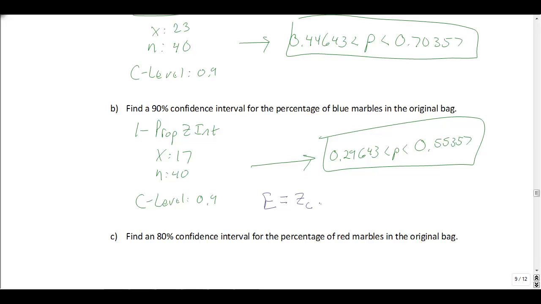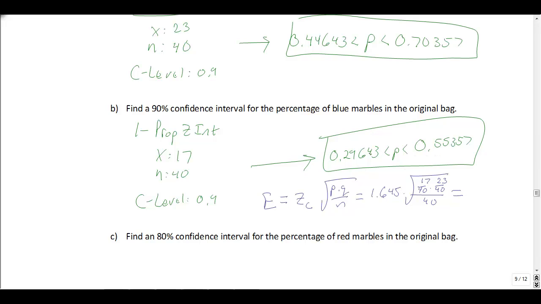In the case of these proportions, this is the square root of p times q over n. So the 0.9 critical value is 1.645. The p is going to be 17 out of 40, the q is 1 minus that, or 23 out of 40, and then I divide by 40.